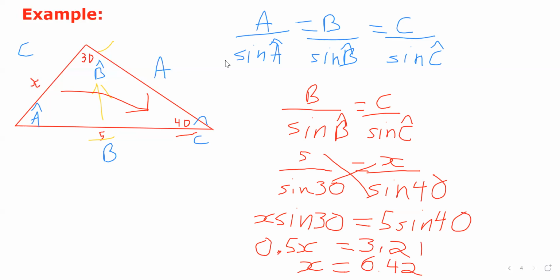All right, so just to recap, when you're doing these questions, the first thing you do is label the triangle, just like how we did it before. After you label it, you look for the pairs. You must have a side with a corresponding angle. Once you have that, you can use the SINE rule. For the third step, you write down the equation. Most of the time, you will have a side that you don't have any values for, so you can just leave it out.